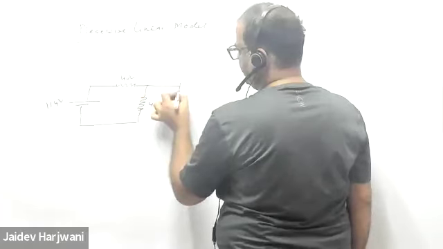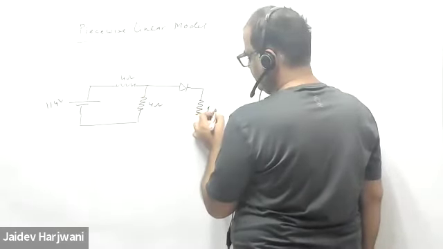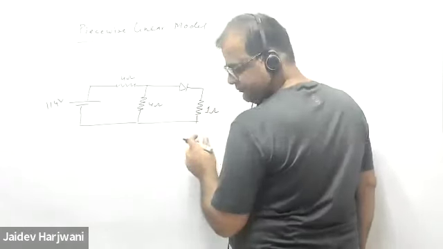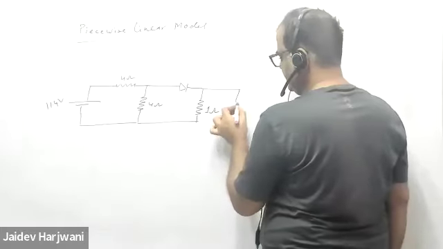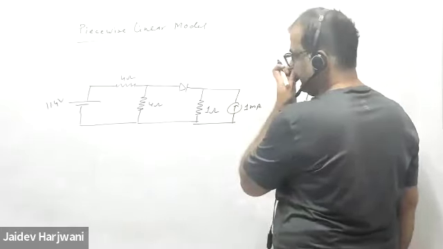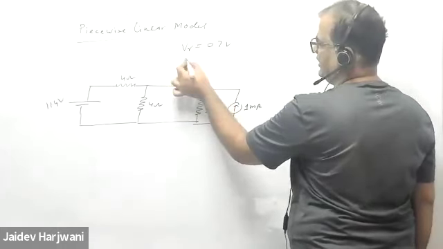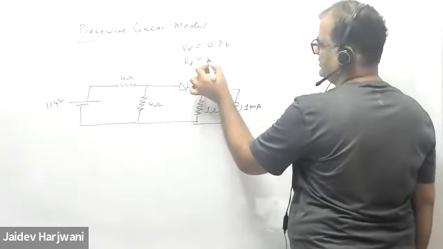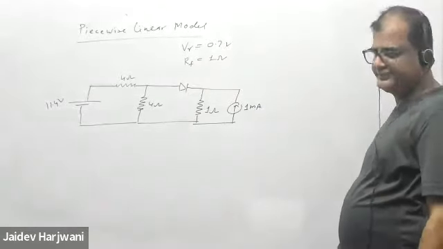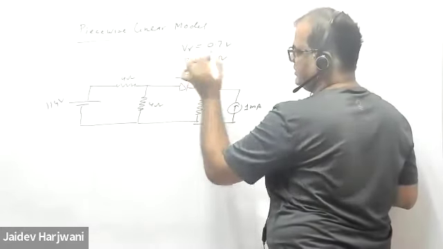Here we have a diode. Here we have a 1 ohm resistor. And here we have a current source of 1 milliampere. The diode cutoff voltage V gamma is 0.7 volt and the forward resistance is 1 ohm. Now I want to find what is ID flowing across this diode.